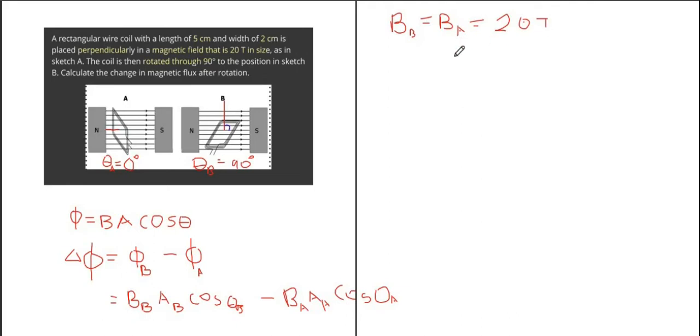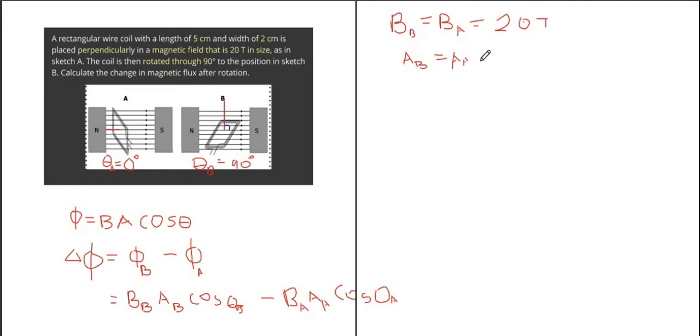Another important thing, the area at B, because it's still the same wire coil, is still the same area as the one in A, right?